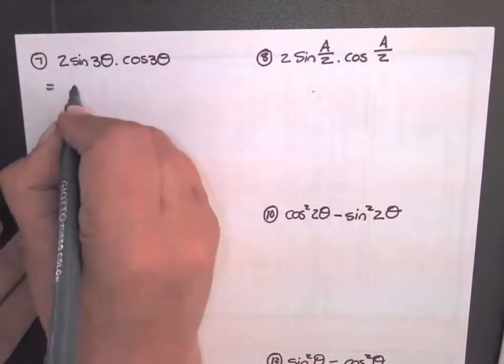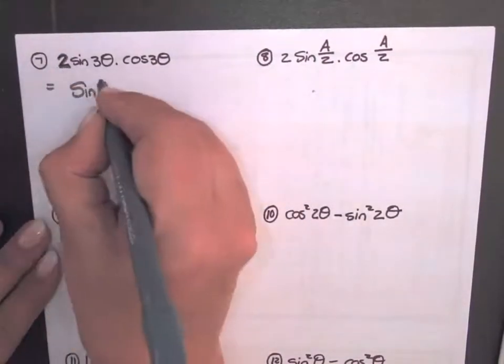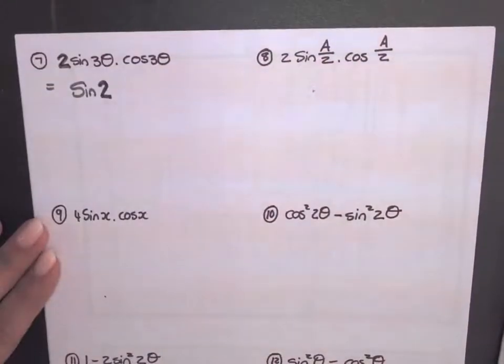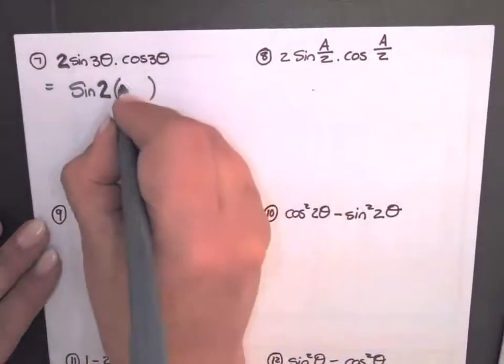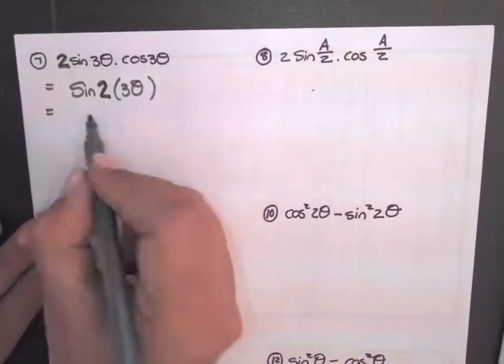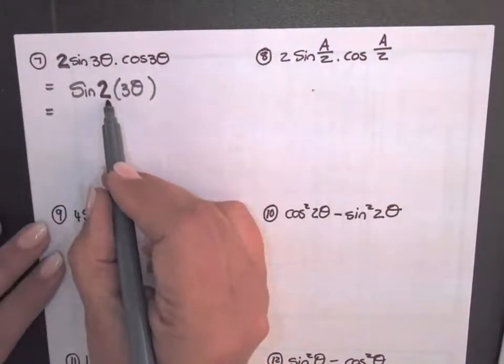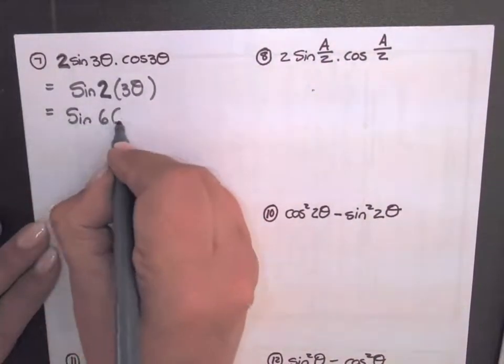Sine 2, so that 2 goes in there. And what will be my angle? 3 theta. Now I can multiply the 2 with the 3 theta and you get sine 6 theta.